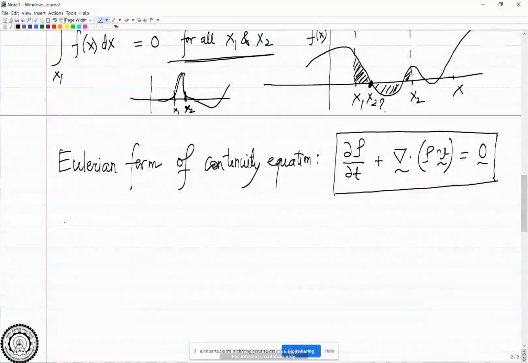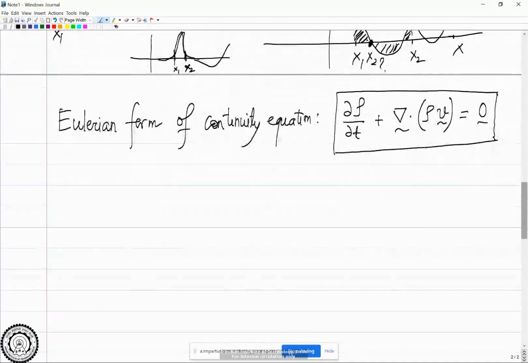In undergrad, what we used to do was consider an infinitesimally small cubic element and then consider the flow of fluid in and out of it at x and x plus dx, and derive it like that. Yes, that is true. But now you have to do it more rigorously. You have to take the domain to be arbitrary. The domain need not be cubic. And then you have to think, can we do it?